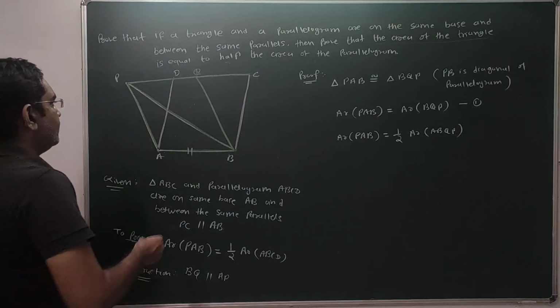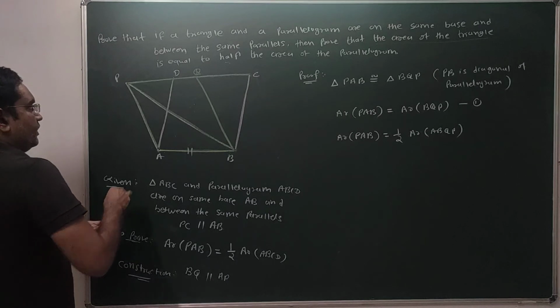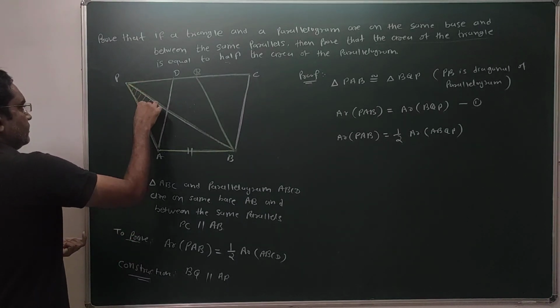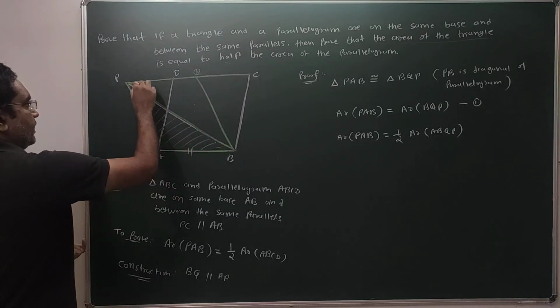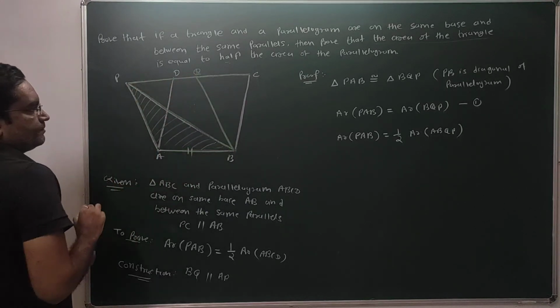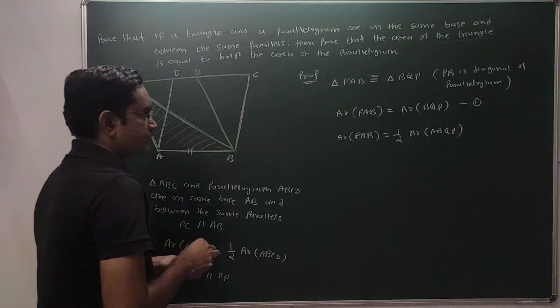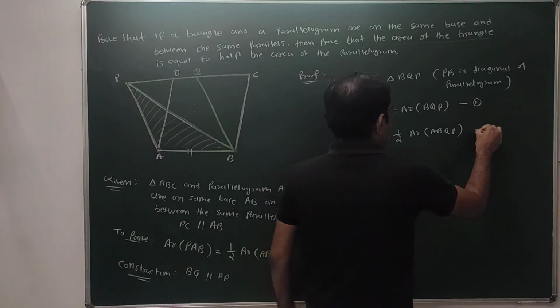So the area of this one triangle is equal to half of the area of this complete parallelogram. Now say this as result number 2.